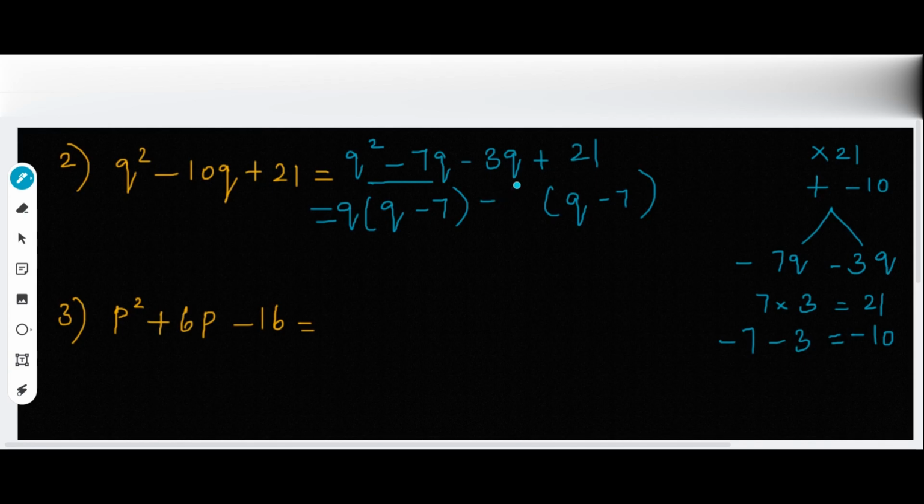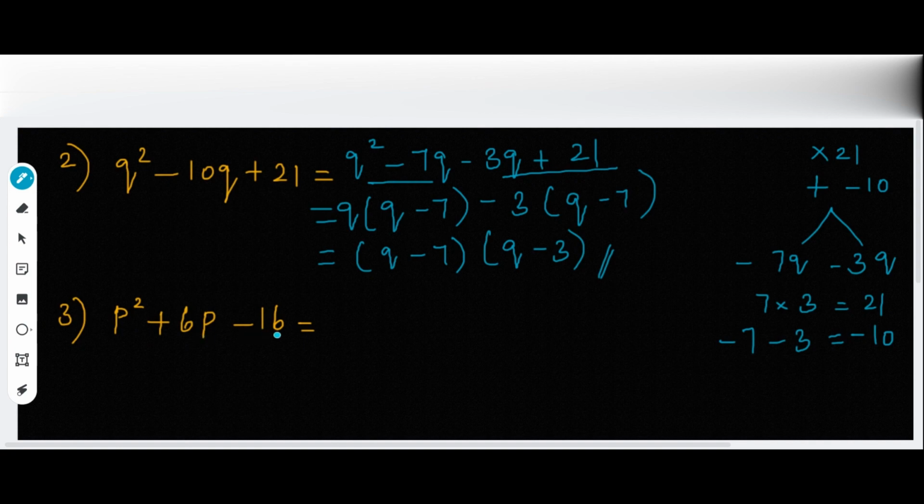In these two terms, q minus 7 is already written, so minus 3 is there. Minus 3 into q is minus 3q, minus into minus is plus 21. So q minus 7 is one factor, and q minus 3 is the other factor. If you are not sure, just multiply these two terms and check. If you get the question, your factors are correct, otherwise it is wrong.